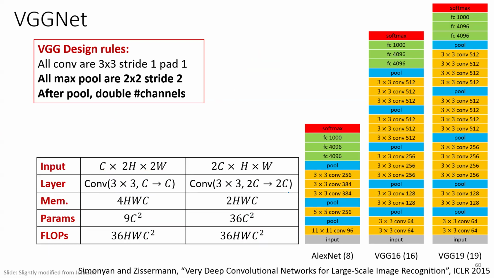So that's why people now use all 3 by 3 convolutions. And then you can see, all max poolings are 2 by 2 stride 2, after pooling double the number of channels. So you can see the size reduces, but the number of channels doubles, right? So these computational things I have written here. So you can see what the advantages and disadvantages of this are.